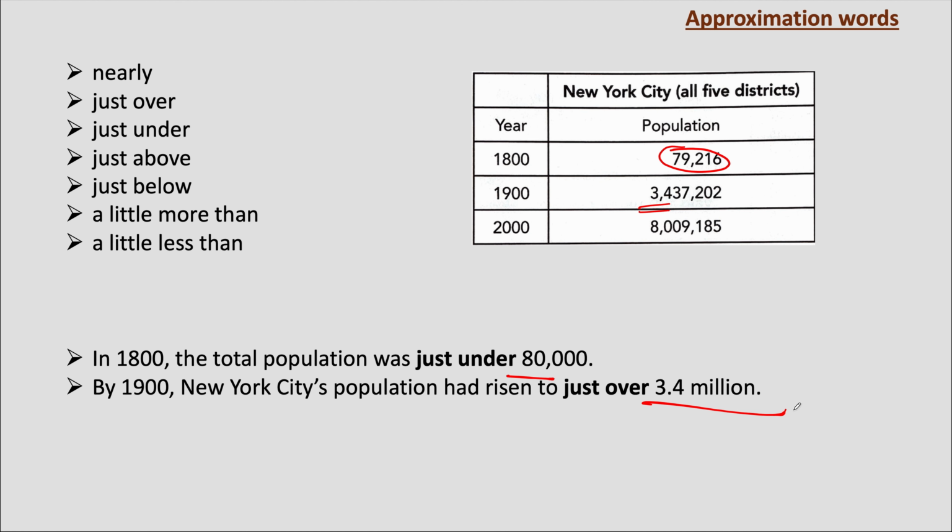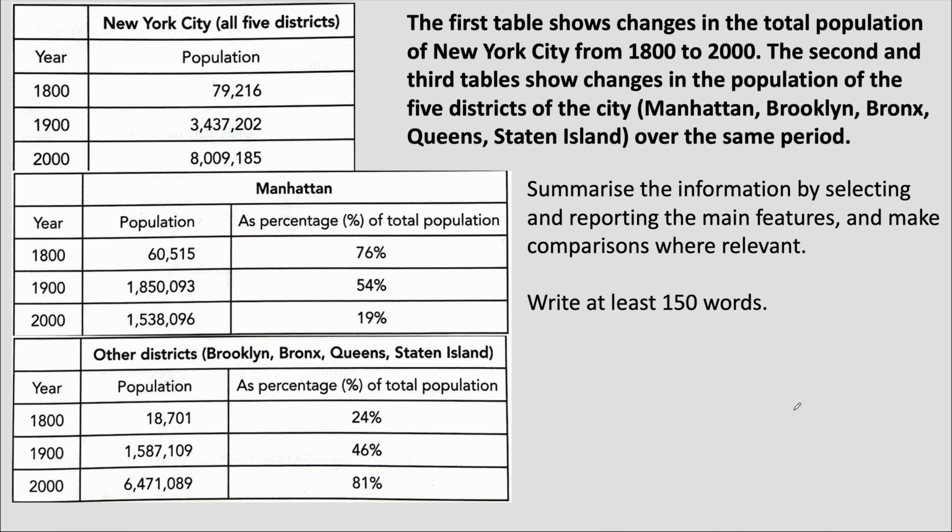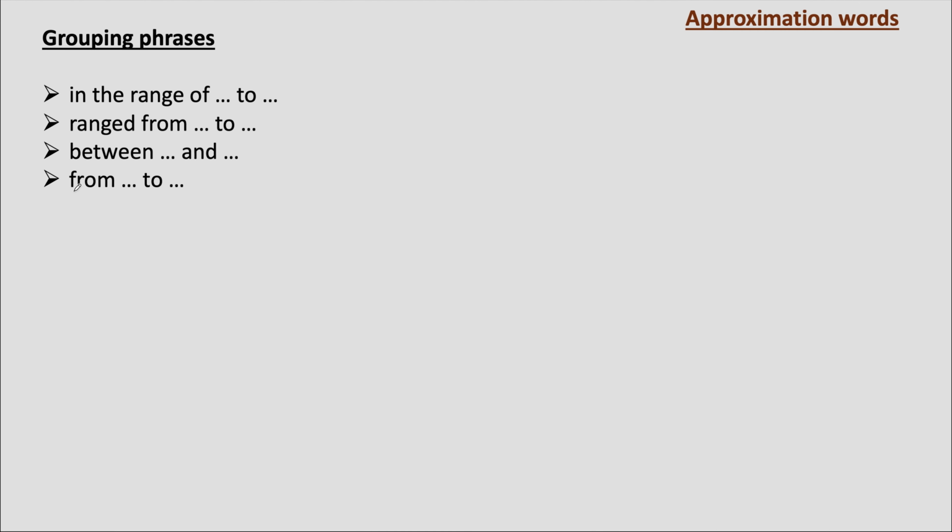Approximation also helps us group data. In writing task 1, we need to report the main features and make comparisons. So grouping of data is important. For this, we can use phrases like in the range of and these other phrases.